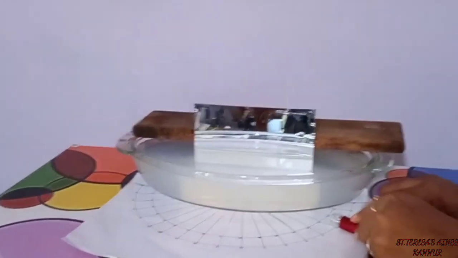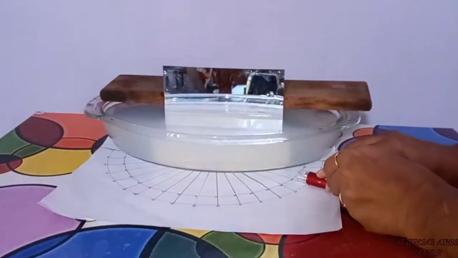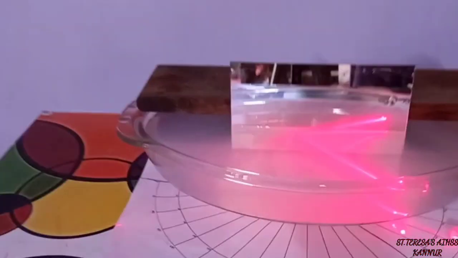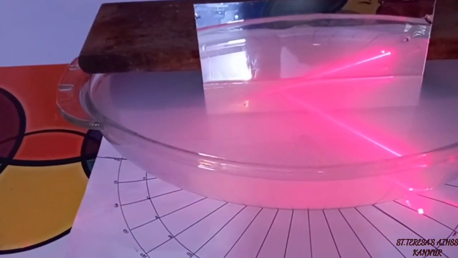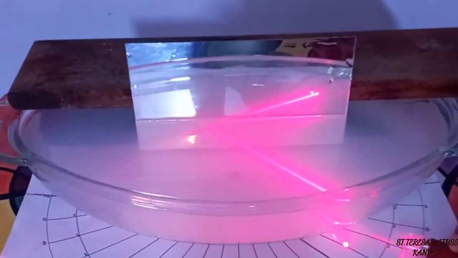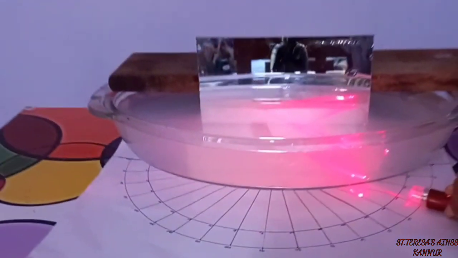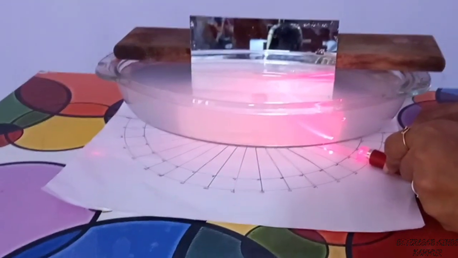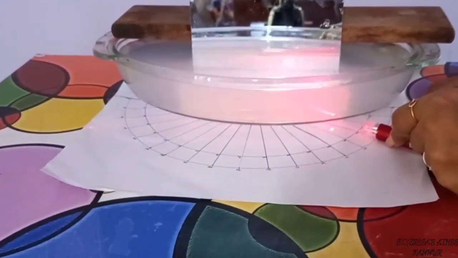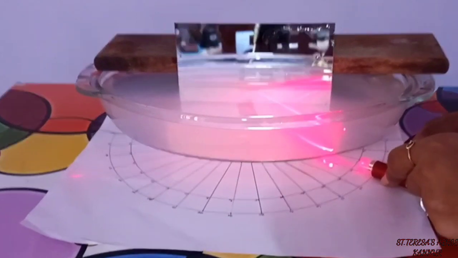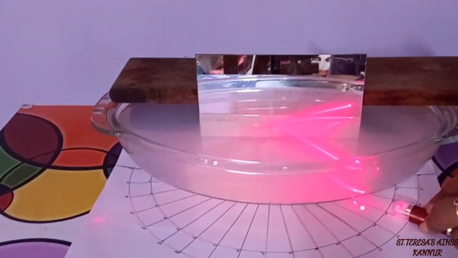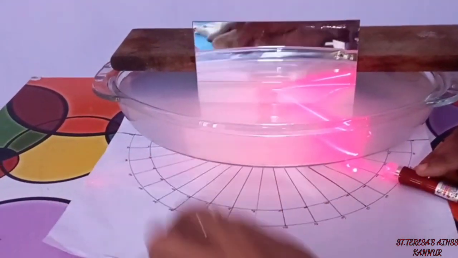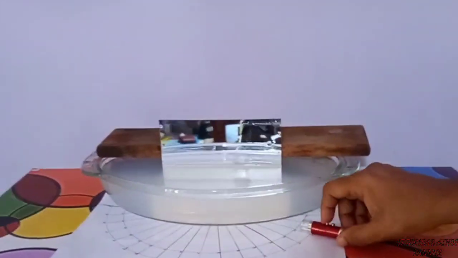So I hope you would have understood. So once again we will see. I am giving it at 30. Here also when I am giving 30, the angle of reflection is also 30.